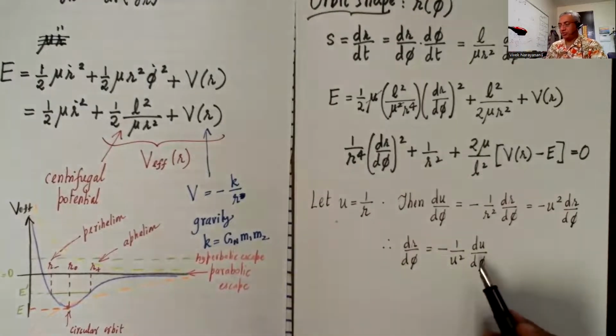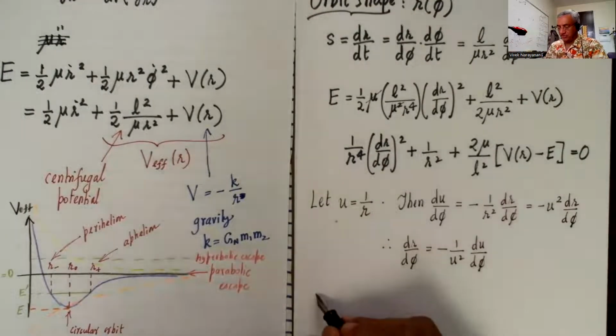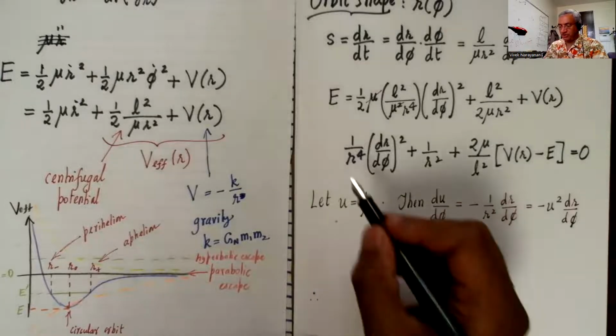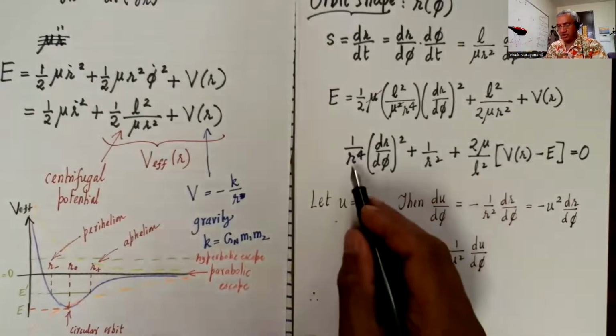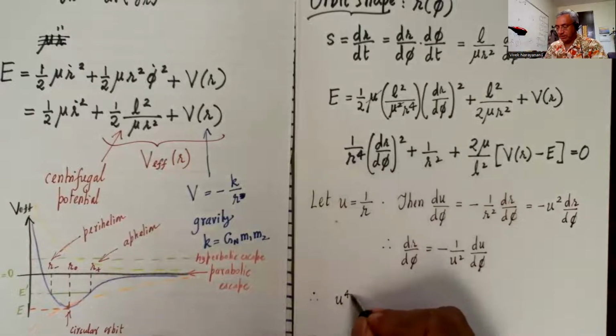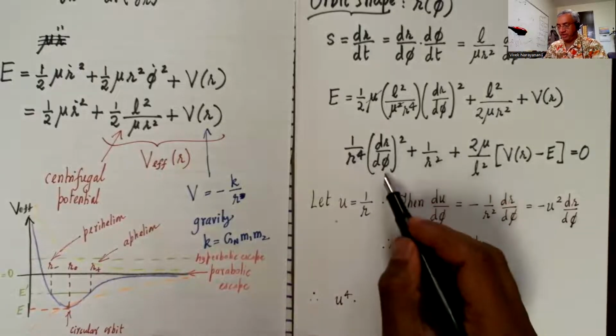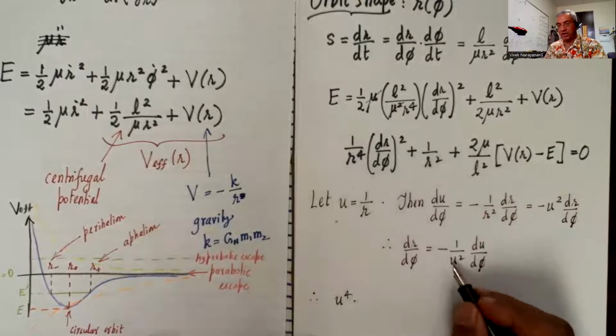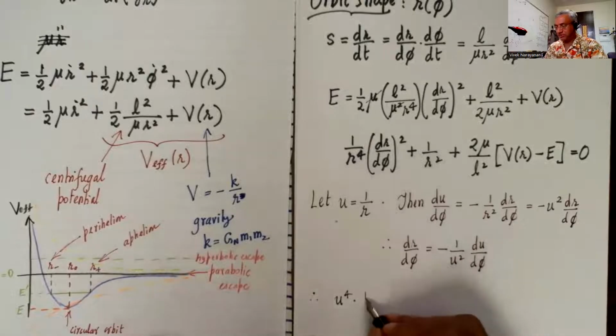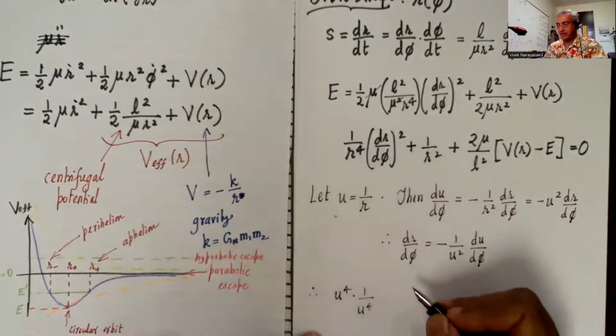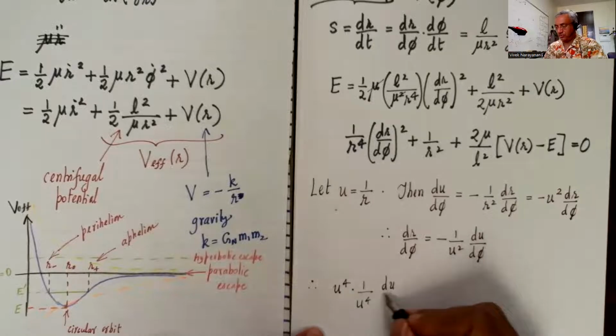And now I can put this back in here. So therefore, in this equation, 1 over r to the 4 becomes u to the 4. And then for dr by d phi squared, when I square, the negative sign does not matter. So that gives me 1 over u to the 4 du by d phi squared.